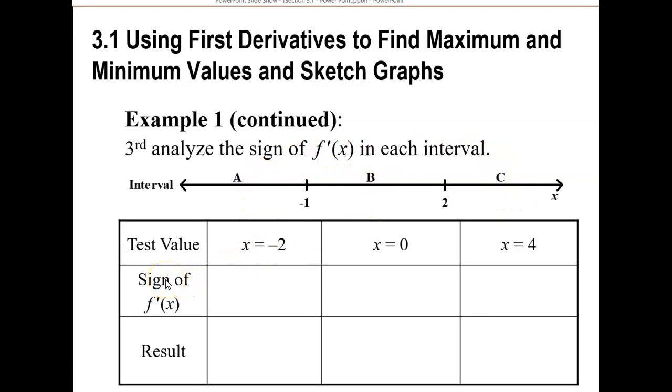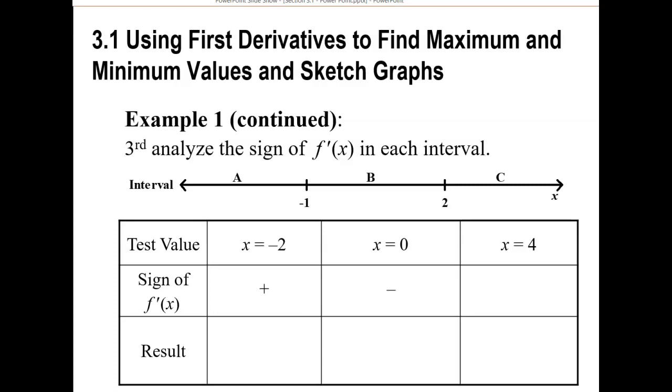Then we're going to look at the sign of f prime. We want to know if f prime is positive or negative to know if it increases and then decreases or vice versa. All right, so if you evaluate the f prime function by plugging in -2, we get a positive number.